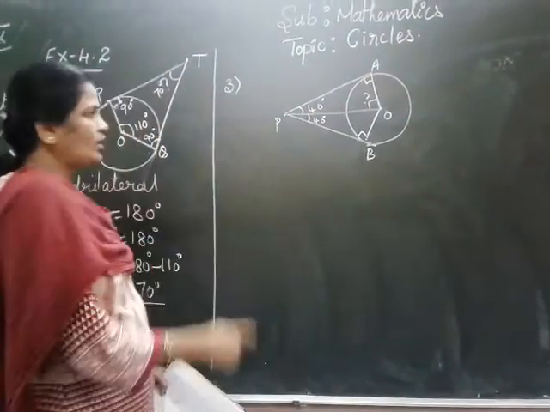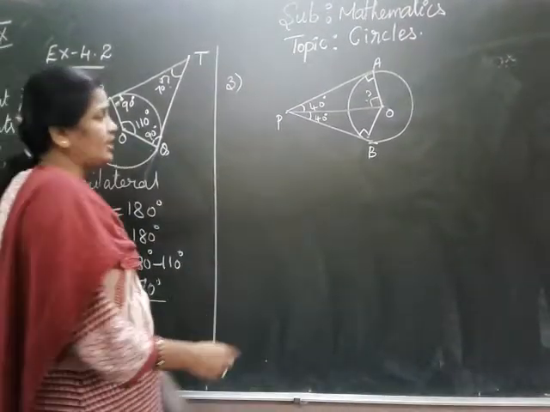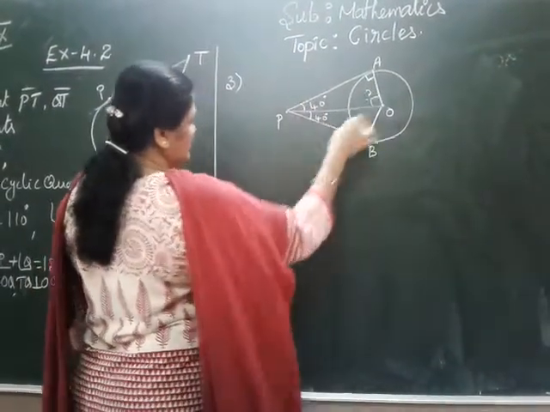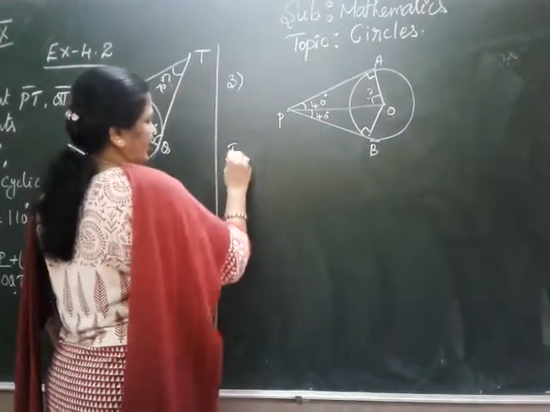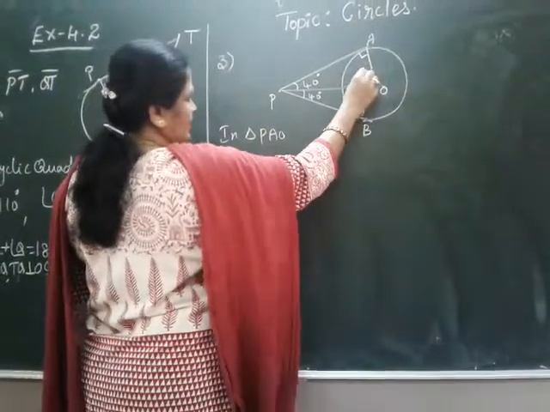Okay children, now you take the triangle, very easy. Consider the triangle PAO. They ask you to find the angle POA.